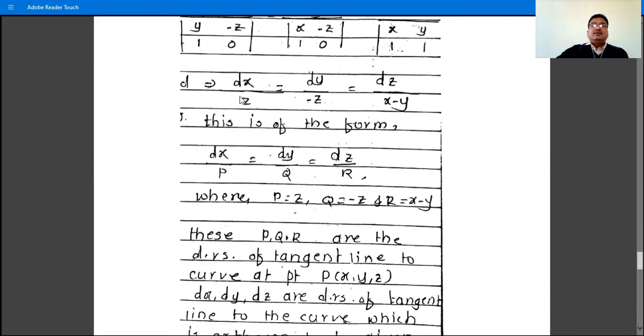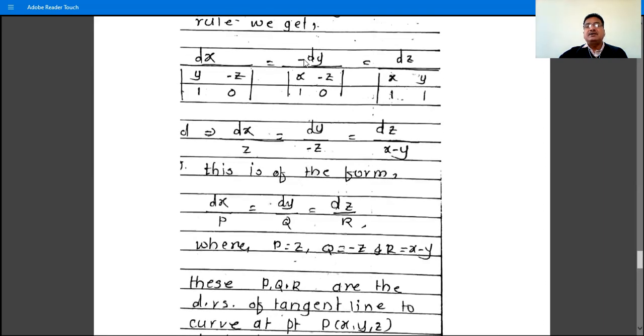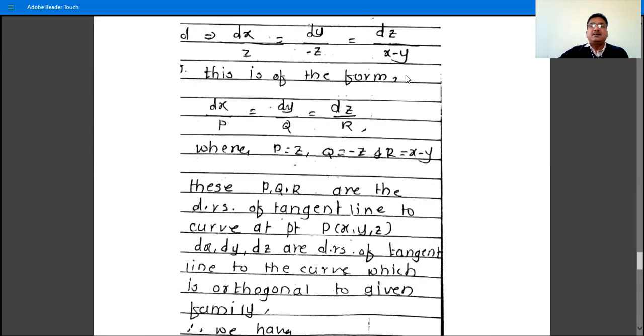And then after solving the determinants, we have dy divided by minus z, and then x minus y as dz divided by r. And so P, Q, R are what? Comparing this with the equation dx by p, dy by q, dz by r, we have p is z, q is minus z, r is x minus y.